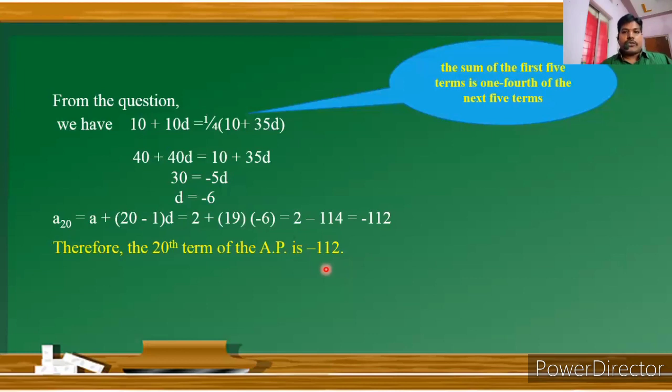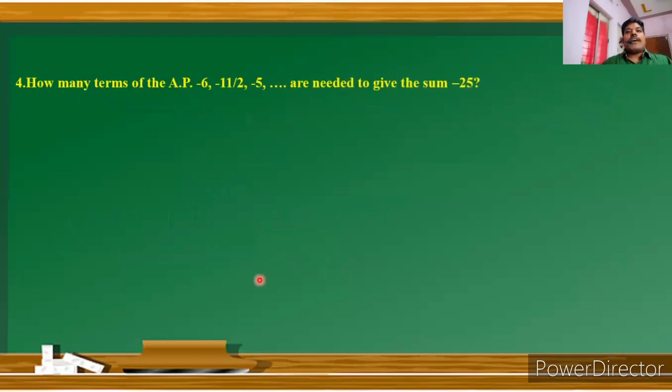So see the next question, question number 4. In question number 4, what are they asking? They are asking how many terms of the arithmetic progression minus 6, minus 11 by 2, minus 5 are needed to give the sum minus 25.